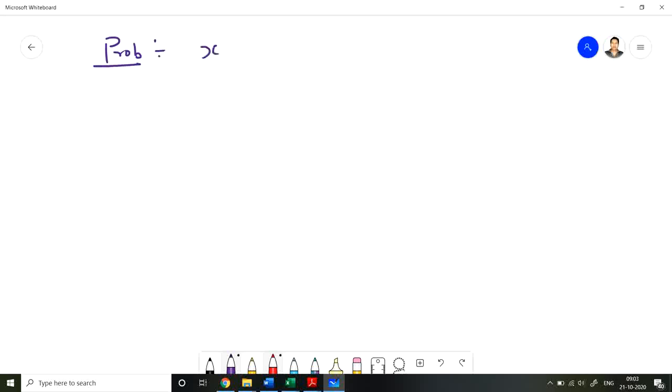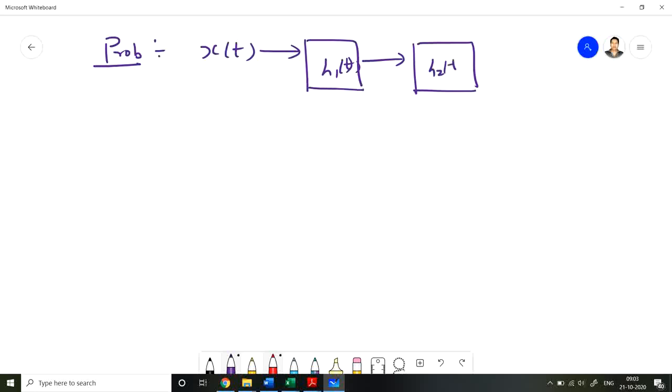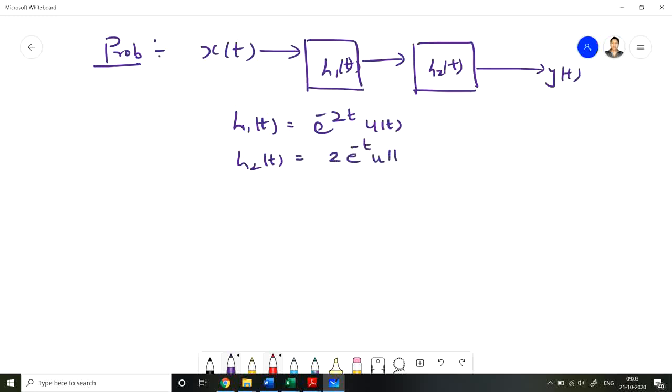We have an LTI system, and there are two impulse responses, h1(t) and h2(t), connected in parallel. h1(t) is equal to e raised to the power minus 2t times u(t), and h2(t) is equal to 2 e raised to the power minus t times u(t).